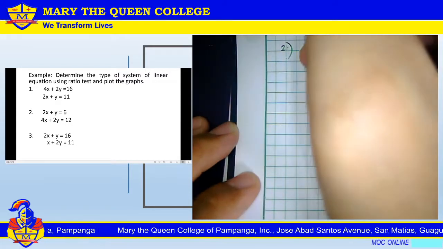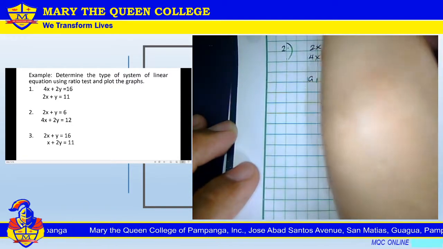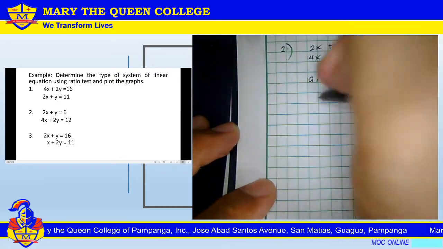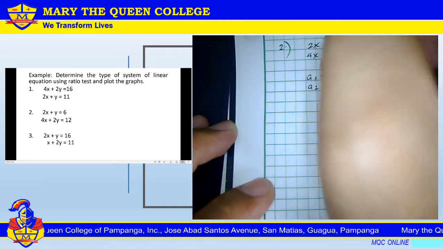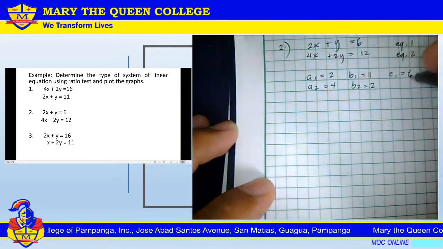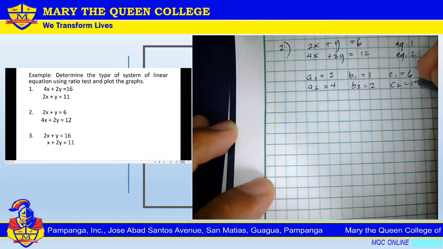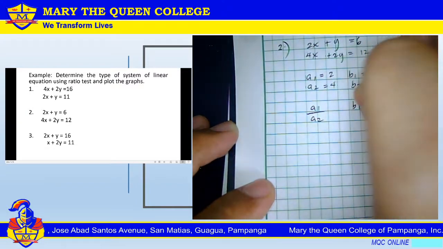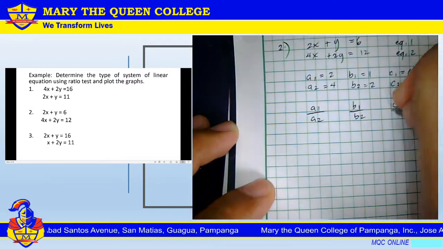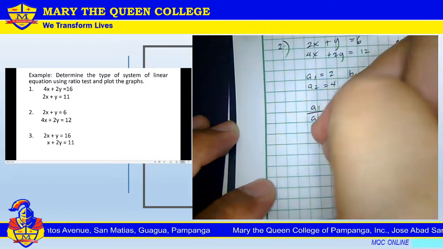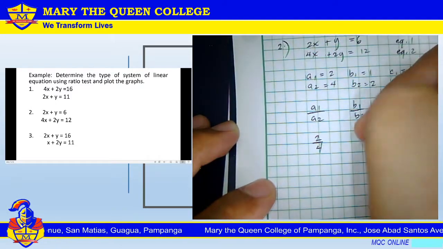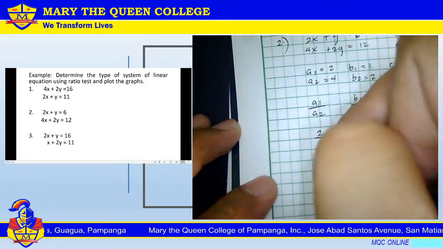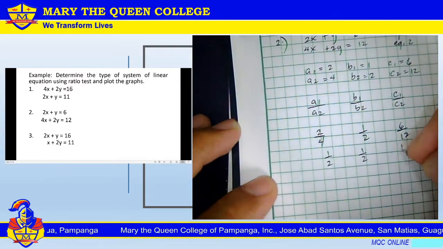Using the ratio test, we have a sub 1 equals 2, b sub 1 equals 1, c sub 1 equals 6. Then a sub 2 equals 4, b sub 2 equals 2, c sub 2 equals 12. So we have a sub 1 over a sub 2, b sub 1 over b sub 2, c sub 1 over c sub 2. Substituting our values, we have 2 over 4, 1 half, then 6 over 12. Simplified, we have 1 half, 1 half, and 1 half.